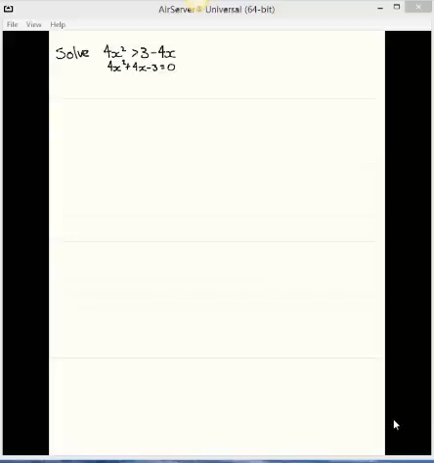So let's have a look at that. If I want to factorize that, hopefully, again, you know how to factorize this. You can use your cross method if you like. So 4x is either going to be 2x and 2x or 4x and 1. 3 is pretty simple. It's got to be 3 and 1. And we know that one of them is going to be negative.